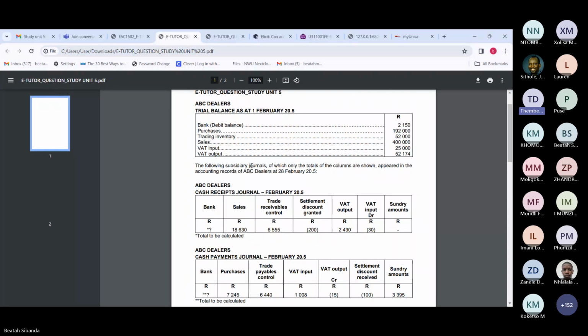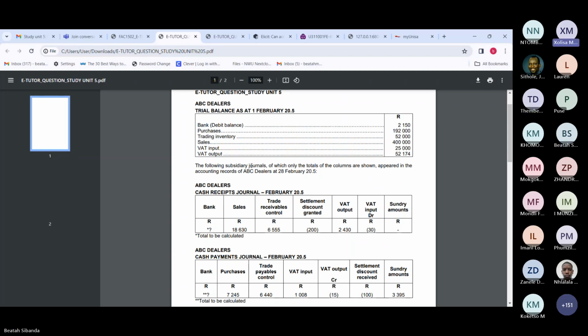So regardless of whether you've added them on the CRJ or the other journal, you still add them to sales. Yes, they are both legitimate sales. The only difference is, have you received the cash or not? But they are all sales. So you take everything that you have sold, you must record it in sales. Okay, I think now I get it.